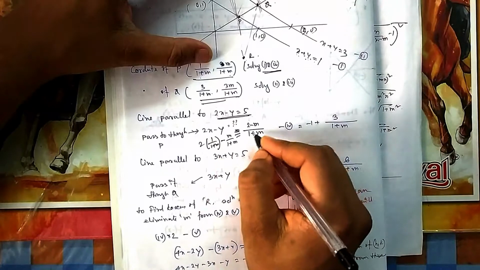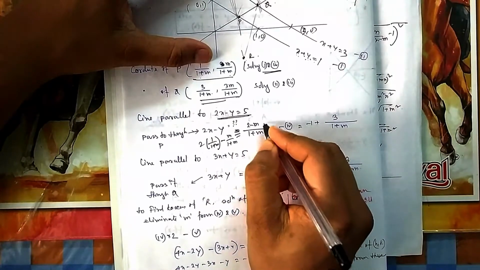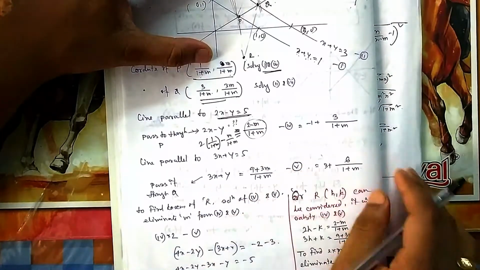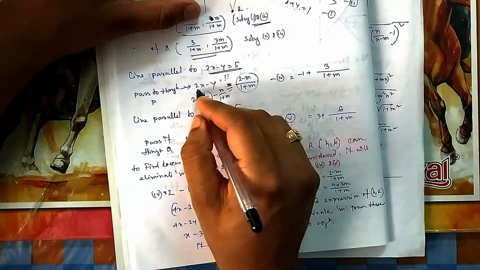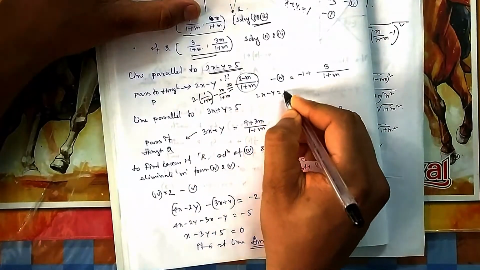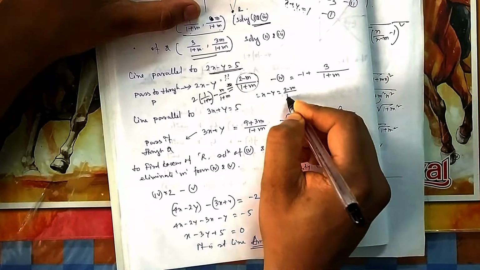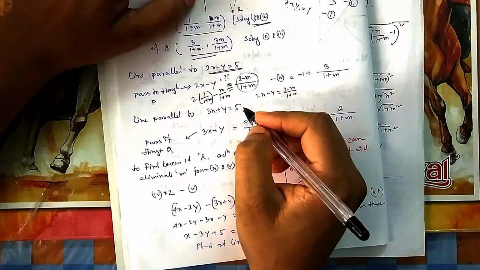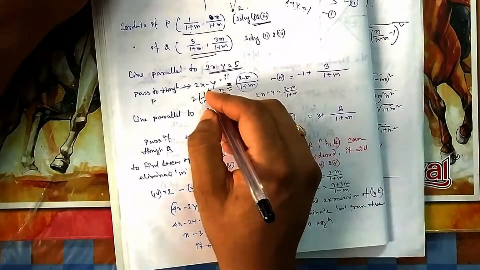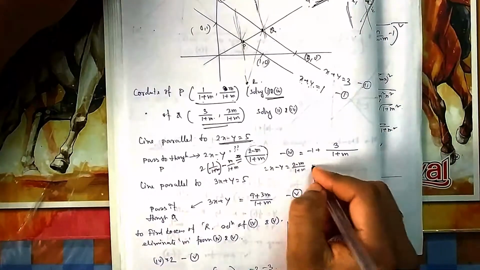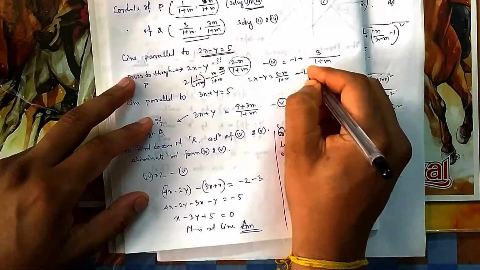So if you do, you can calculate the constant. So that's why your equation becomes 2x minus y is equal to 2 minus m by 1 plus m. The line passing through P parallel to 2x minus y is your L1. So this is for your L1 line.